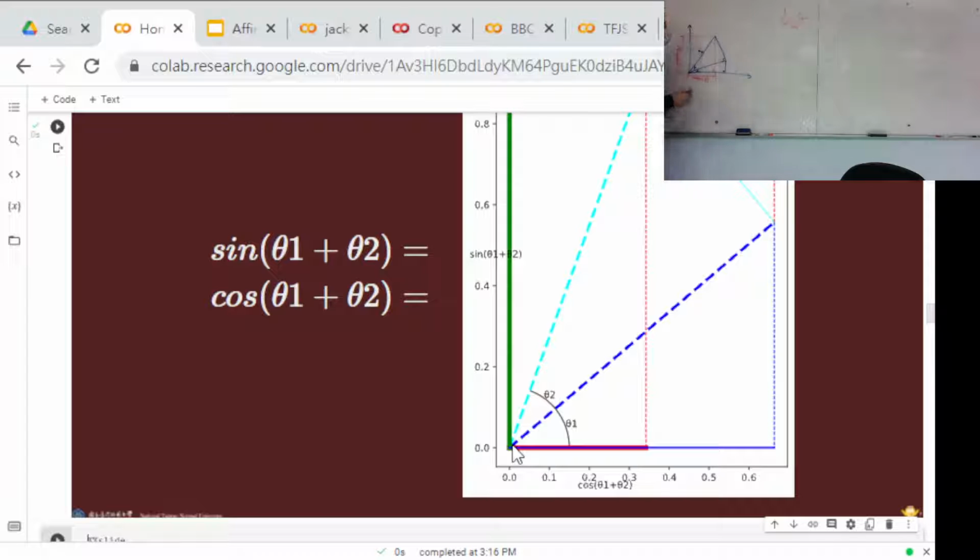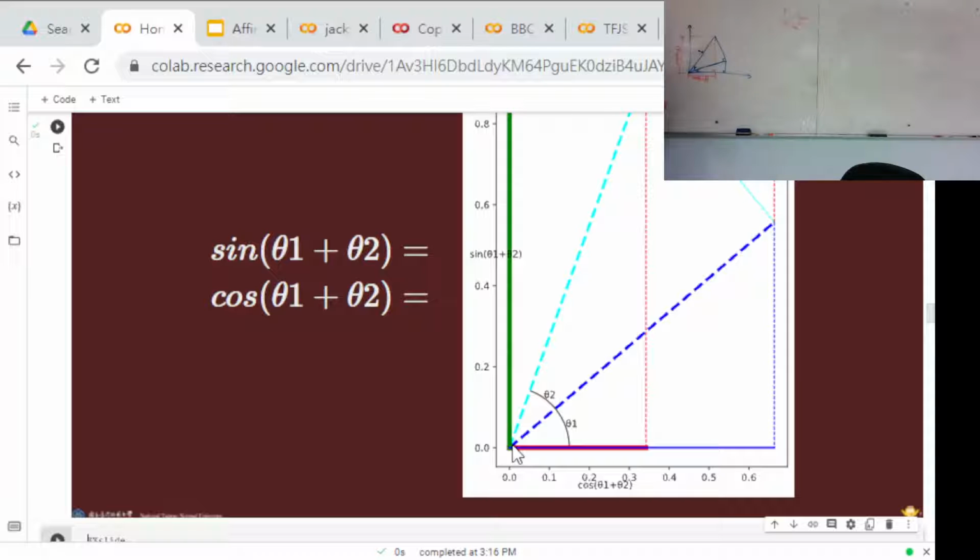Well, then I have to look at the other values that I have. So what is this length, from here to there? The sine of, cosine of alpha or beta?